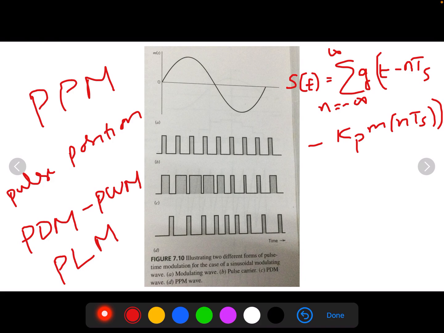The different pulses constituting the PPM signal s(t) must be strictly non-overlapping.